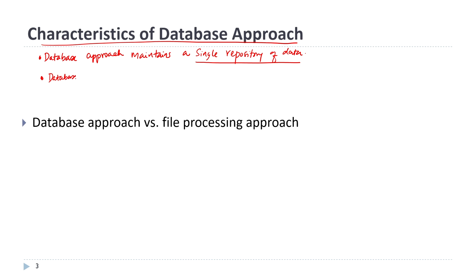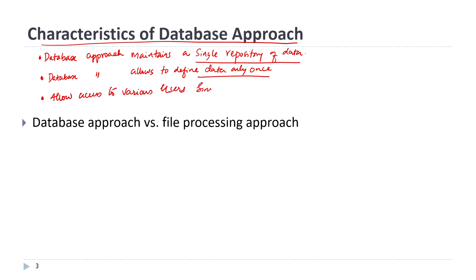The database approach allows you to define data only once. You do not need to keep on redefining it; you define it once for your application and that is it. And then it allows access to various users simultaneously.